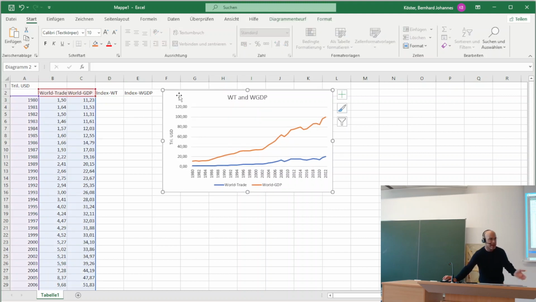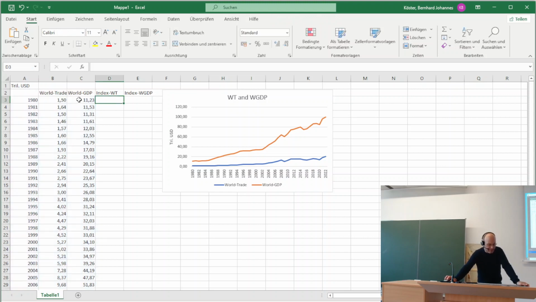So I could just write a 100 within this box, but I want to know if 1.5 equals 100, what is then 1.64? Therefore I directly calculate within these cells with a formula.